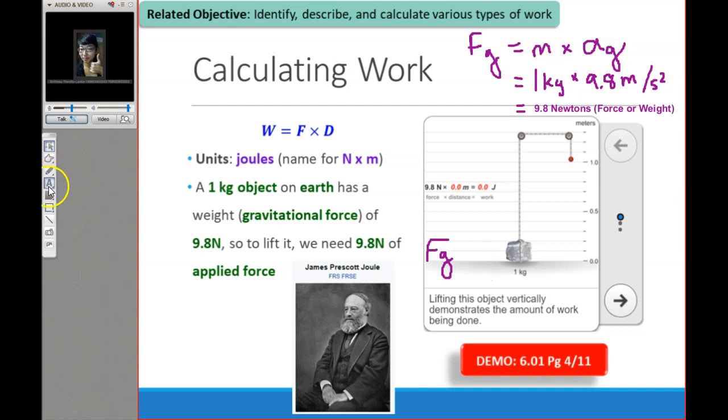Give me a smiley face if that makes sense. So a 1 kilogram object on Earth has a weight of 9.8 newtons, so in order to lift it, we need 9.8 newtons of applied force. Now depending on the distance that you lift it parallel, working against gravity, that is going to show us our work. So let me go ahead and pull this up.